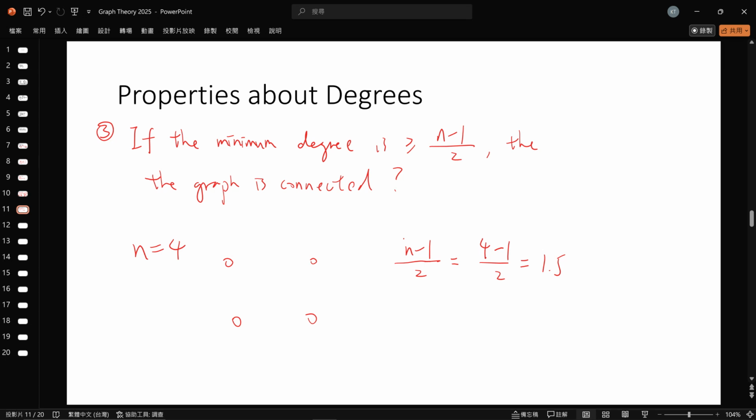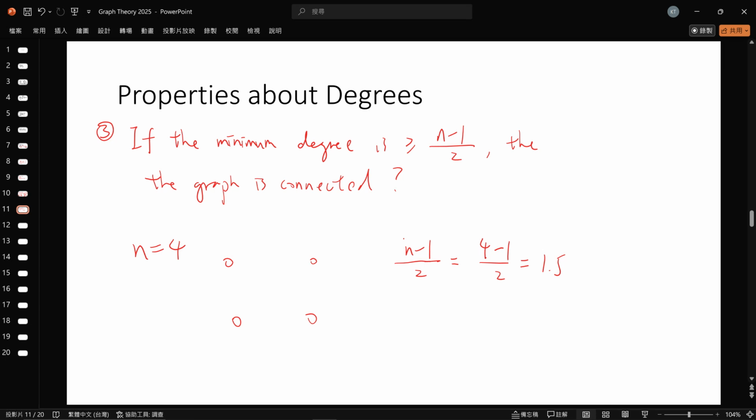So the assumption of this statement is that every vertex in the graph has at least 1.5 neighbors. Because the number of neighbors must be an integer, this means every vertex has at least 2 neighbors. So you have 4 vertices, and everyone has at least 2 neighbors. Can you guarantee that the graph must be connected?